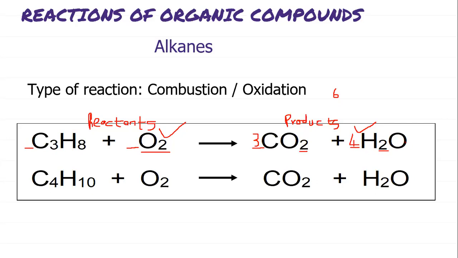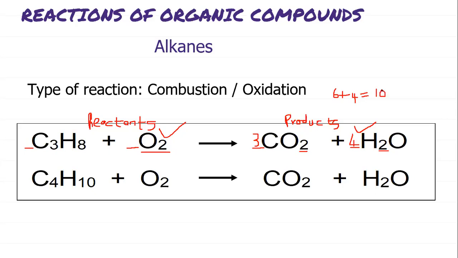Remember, there I have an invisible 1. So 4 multiplied by 1 is 4. So this will be 6 plus 4. When we count, the number of oxygens on the right gives me 10.